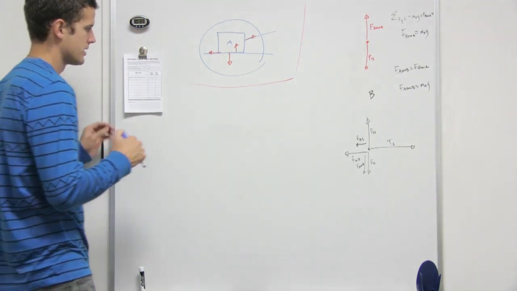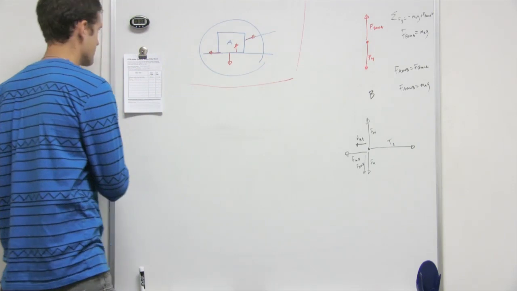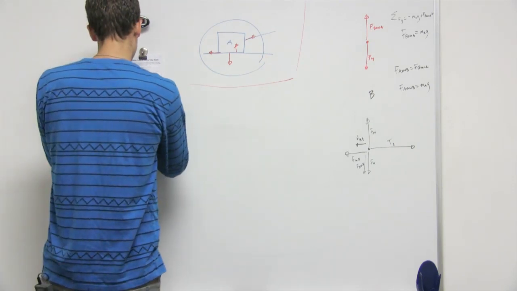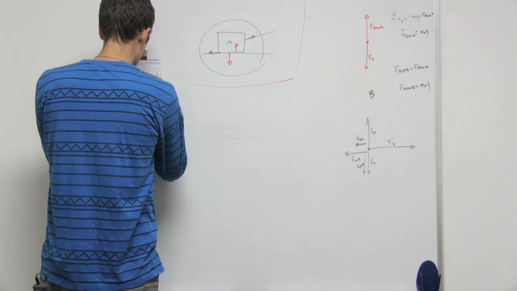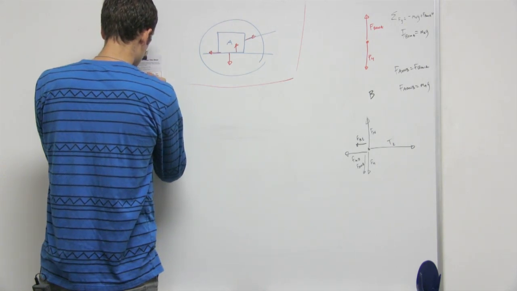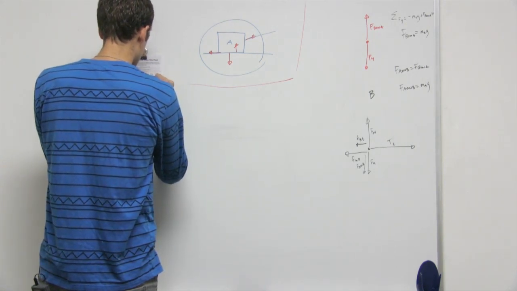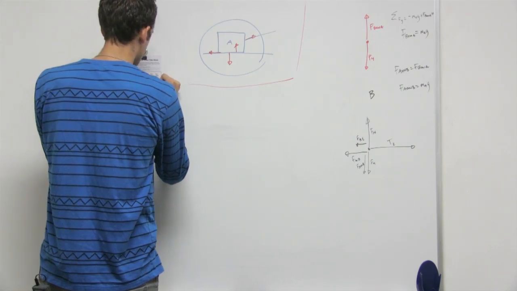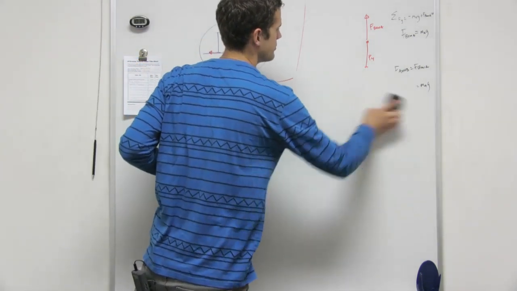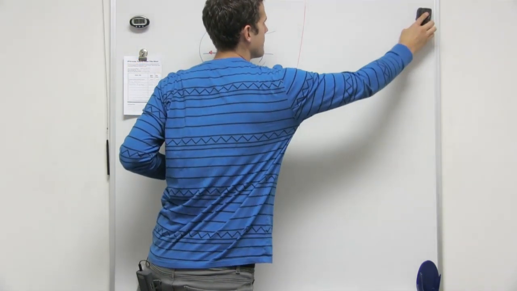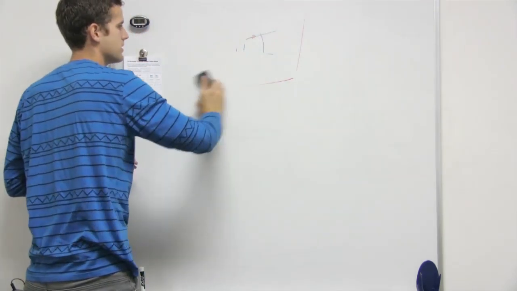Yeah, so let me write this really fast. So M1 is like the mass of the person, and then M2 the mass of the chair.